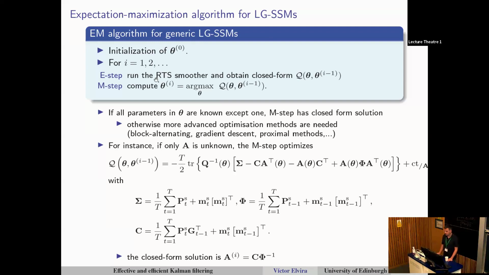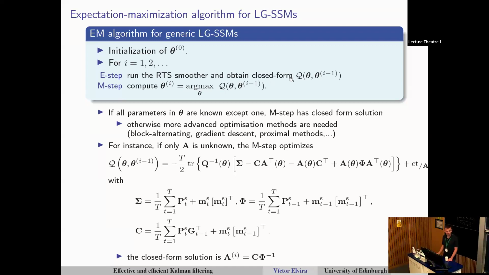We may even have a convex function, like this one, but instead of a closed form solution, you need another iterative process in order to find the maximizer of function Q. So you have an iterative process, and in the EM step you also have a second, nested iterative process to obtain the optimizer.